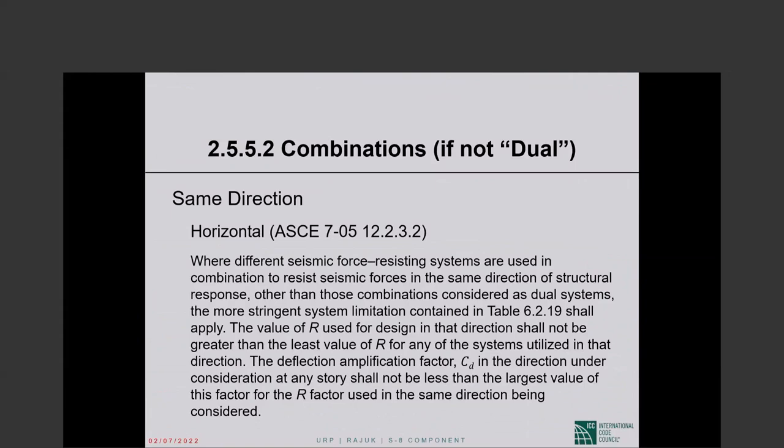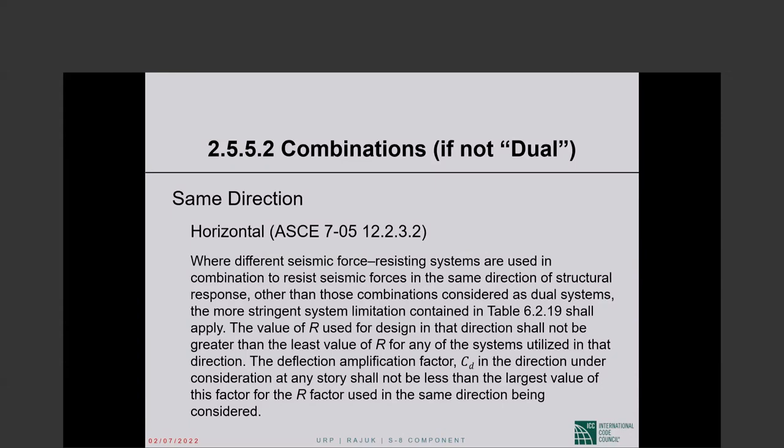Combinations of structural systems. Okay, that happens fairly often. We combine frames and whatever, the systems that I described or that are listed in Table 12.2-1, multiple systems may be combined in one structure.